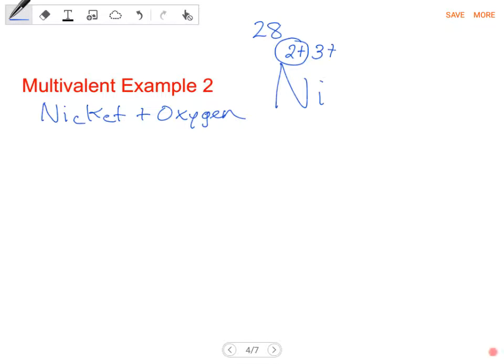If we use the common charge, we're going to have Ni plus O, and again, someone's going to say I'm missing a little 2 right here in the oxygen, but I'm doing that on purpose for now. So if we use the common charge of nickel, that's 2 plus. Oxygen, as you should know by now, is 2 minus. In this case, they come together perfectly. We have an even number of positive and negative charges. So this again is the common charge.